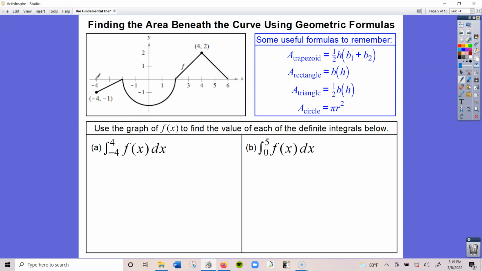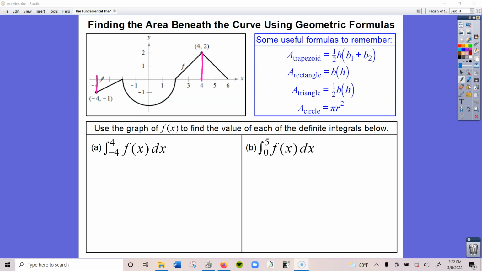So let's see, from negative 4 to 4. When we're calculating the area, we have to keep track of our signs and our shapes. First, here we have from negative 4 to negative 2. This is a triangle. And just in case, I put all of our most useful geometric formulas that we would be using for this particular lesson.